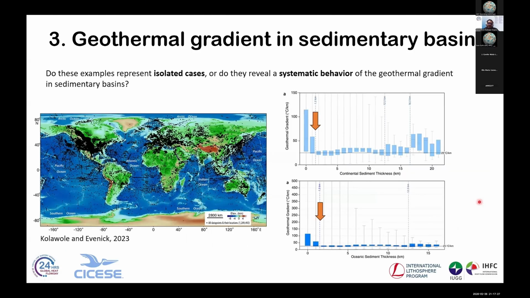Okay, maybe the four examples that I showed you previously are isolated cases. However, this compilation of geothermal gradient data from around the world shows the same trend. Continental sedimentary basins and oceanic sedimentary basins show the same trend, a decrease of geothermal gradient at depth.